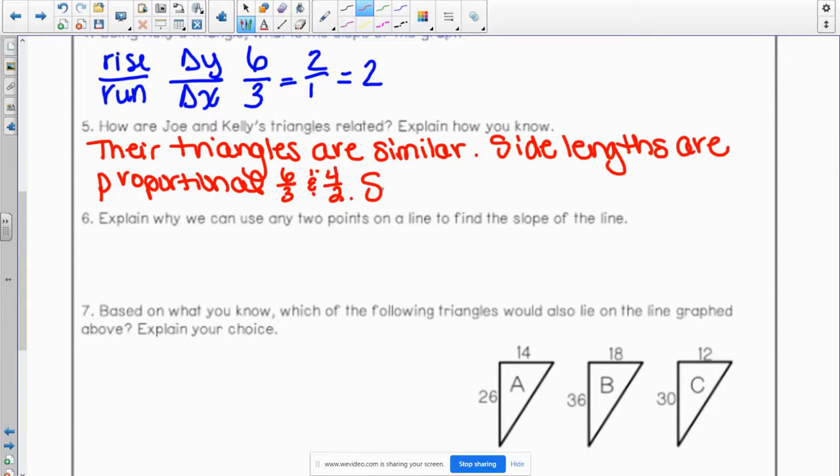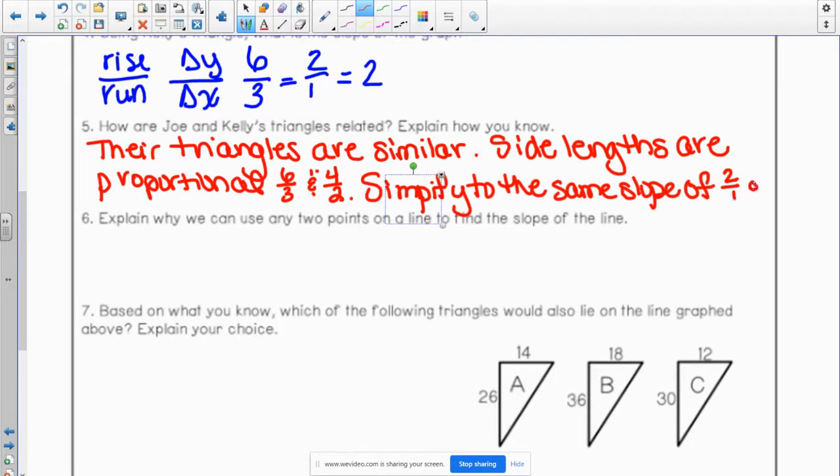You can say those proportional sides simplified to the same slope of 2 over 1, or you can write it as 2. So the triangles are similar, which means they are the same shape, but their sides are proportional.